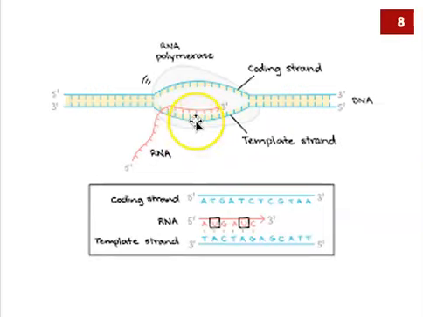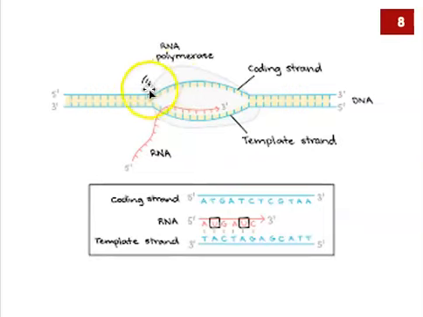Where there's an A in the DNA, there will be a U in the RNA. Where there's a T in the DNA, there'll be an A in the RNA. Where there's a G or a C in the DNA, we'll find the complementary C or G in the RNA. It's a transcript.